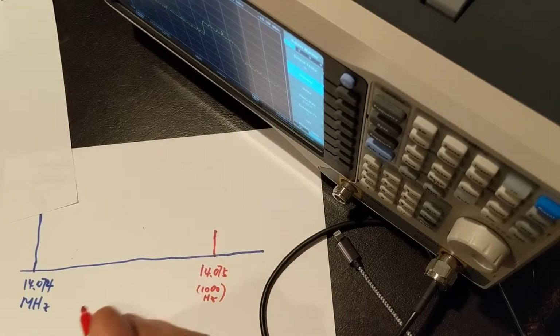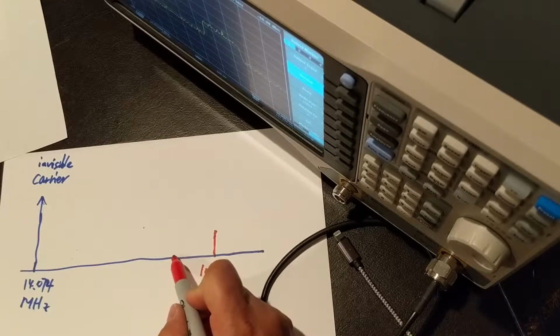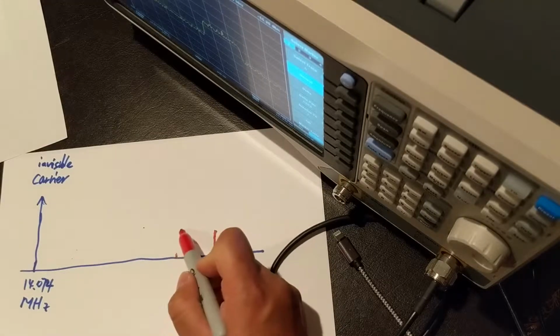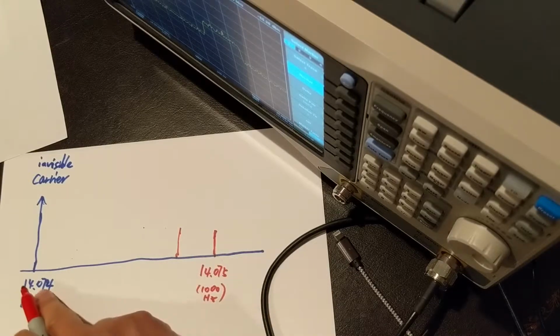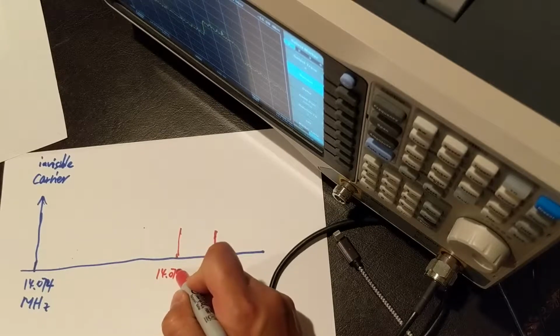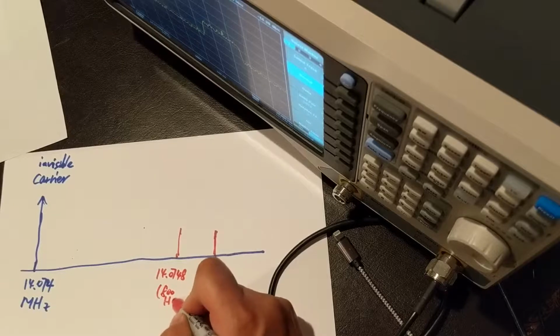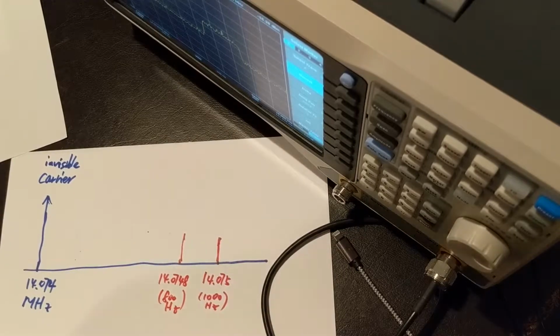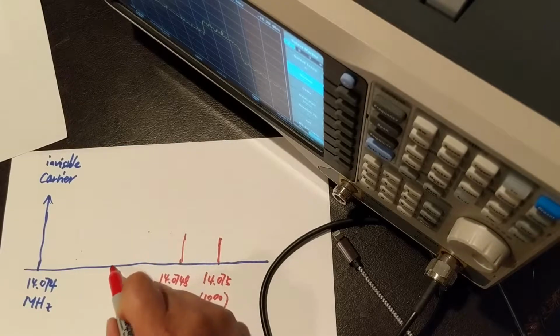Another is 800. 800 is here. This is 14.0748. This is 800 hertz. Another test I did is 500.